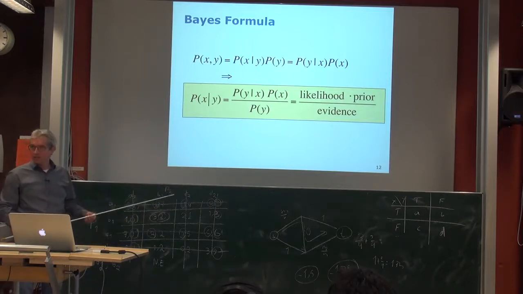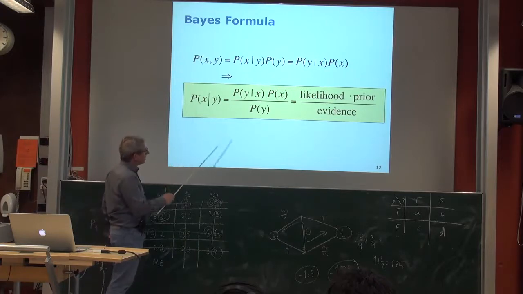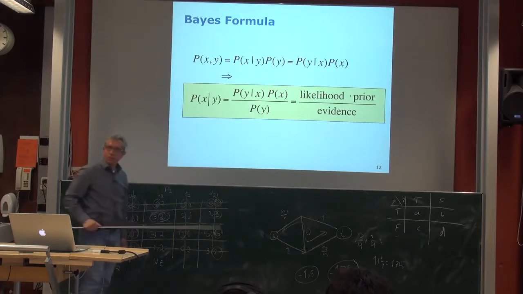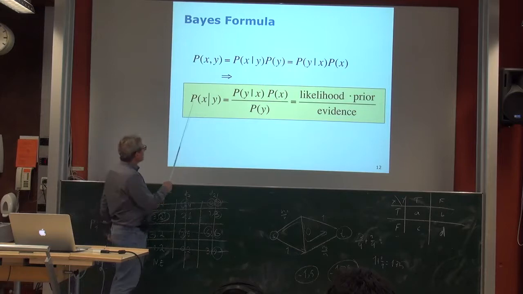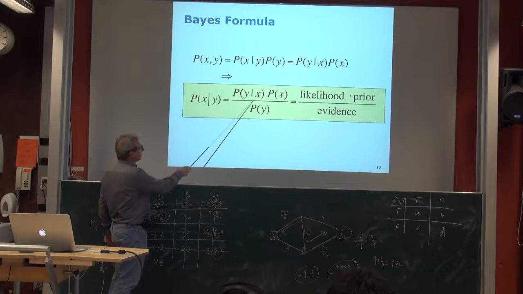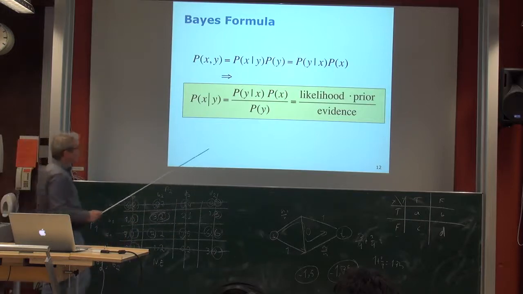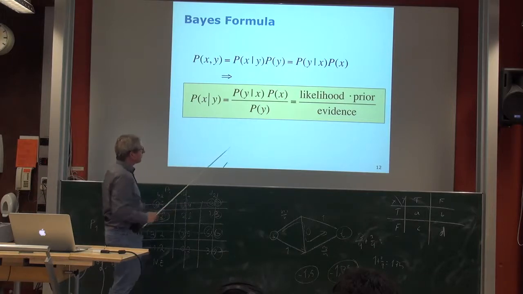There's no x in there. So in practice one can make an inference that one doesn't need to know this evidence down here. It is sufficient if we only have P of y given x and P of x, for all combinations of x and y, in order to calculate the evidence.